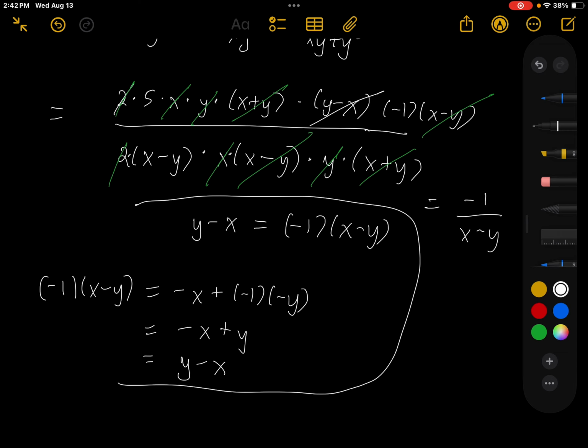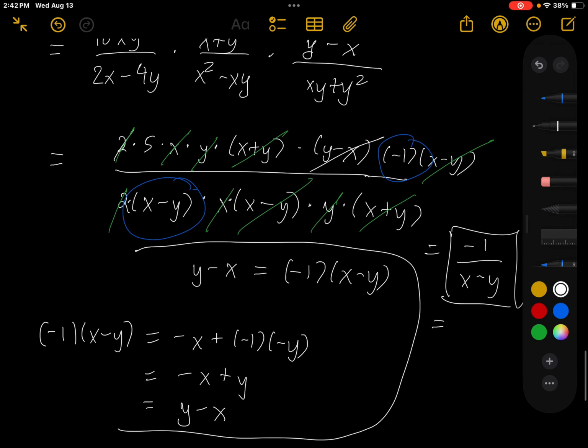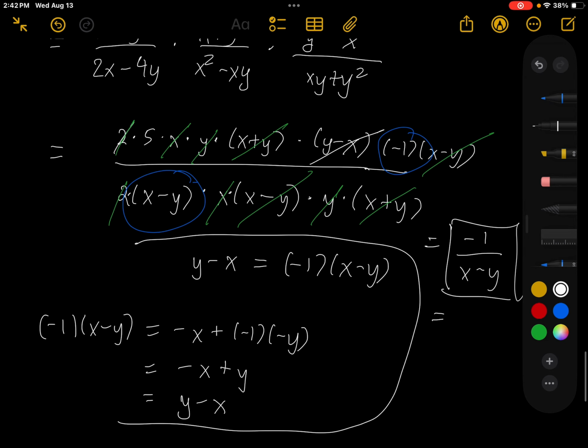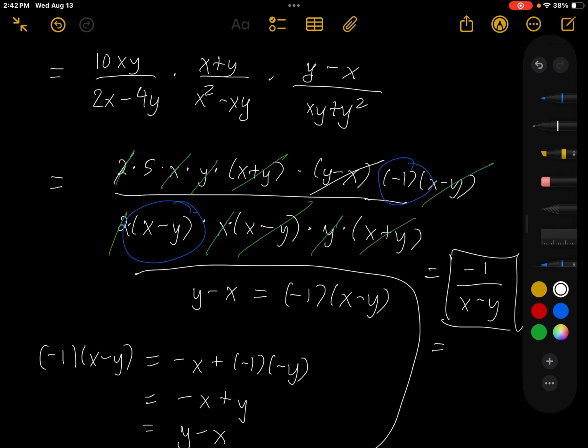On the bottom, I have an x minus y here, right? This, that. By the way, I can rewrite this as, so this is perfect, -1 over x minus y. If I don't want the, oh, hold on. Oh, I made a little mistake.